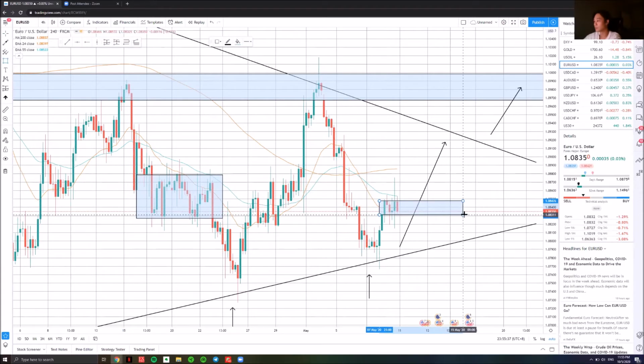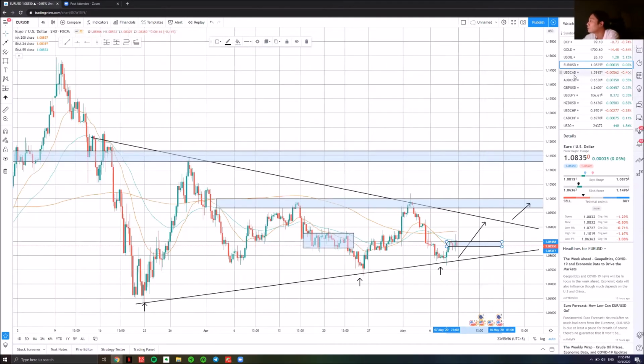Similarly for here. So actually, as of now, this price would be a good price to buy euro dollar. So you can look out for when price is ranging, you could buy euro dollar at the bottom of the range for quite a good stop loss.